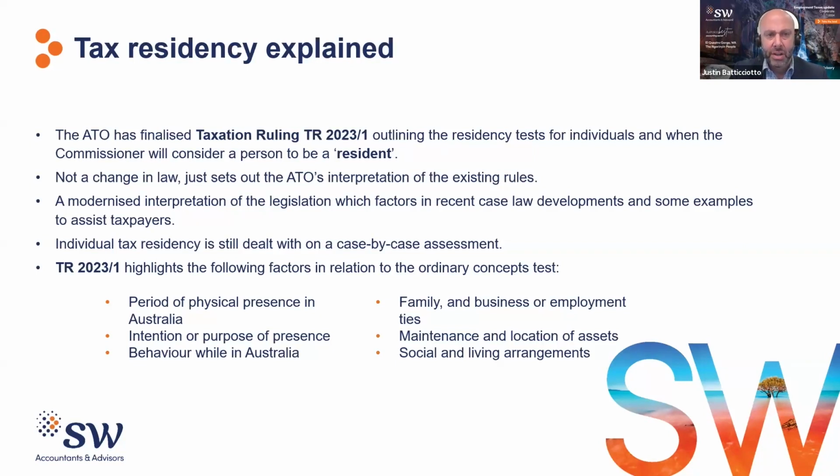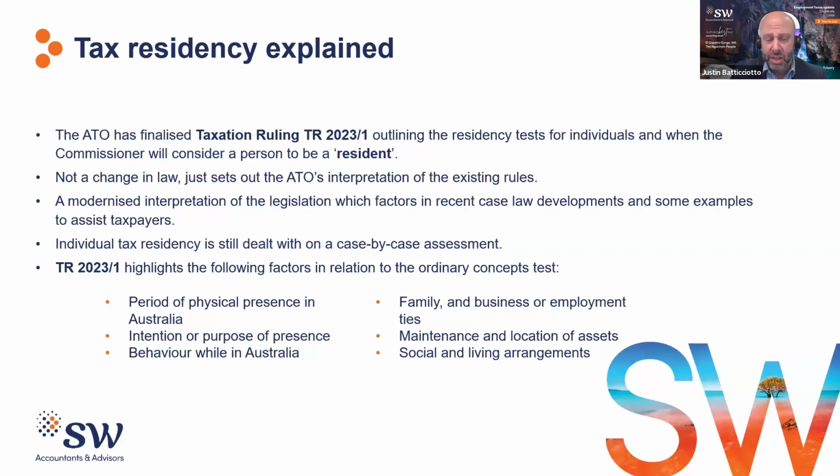So the ATO recently issued Taxation Ruling 2023-1, which really looked to modernise the previous tax rulings which were issued in the 1990s. Now, TR 2023-1 includes 14 modern examples of different working arrangements that really do help provide an understanding of what the ATO's current view is on the individual tax residency rules.